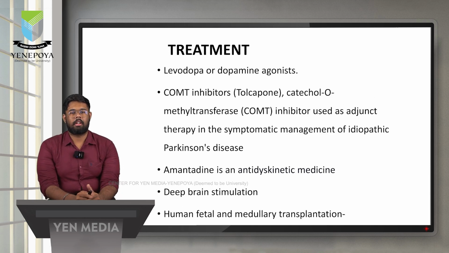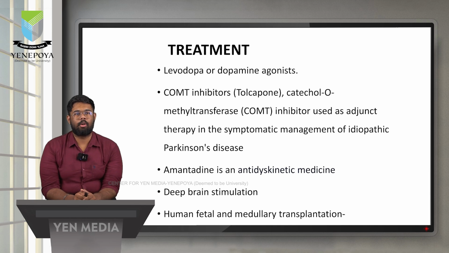Next comes your treatment. In treatment, levodopa and dopamine agonists are given, which will increase your dopamine levels and improve the stability of movements. COMT inhibitors, catechol O-methyltransferase inhibitors, are used as adjunct therapy in the symptomatic management of idiopathic Parkinson's disease.